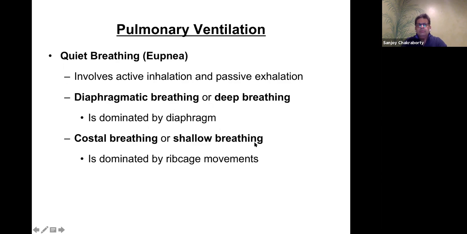So quiet breathing, which is commonly known as eupnea, eu means good, nea means breathing. So good breathing or quiet breathing involves an active inhalation. What does that mean? Active inhalation means your skeletal muscle contracts here.